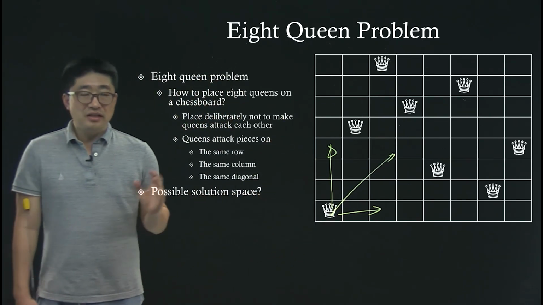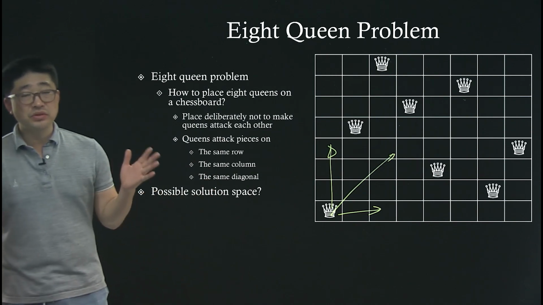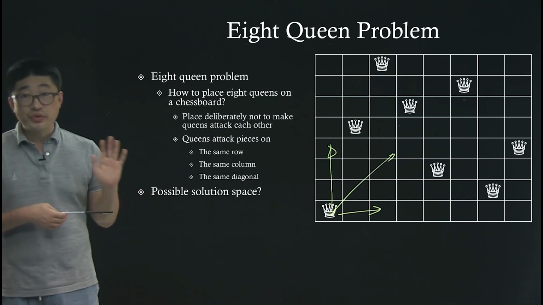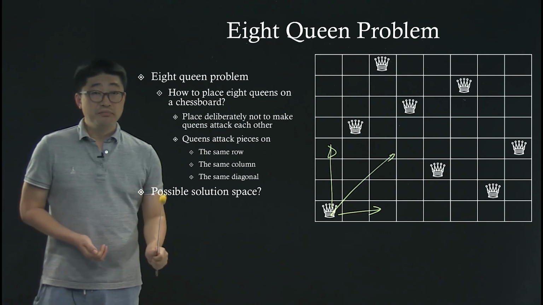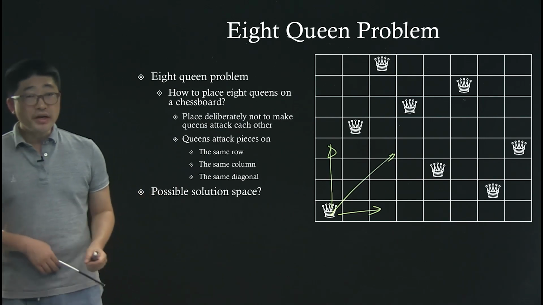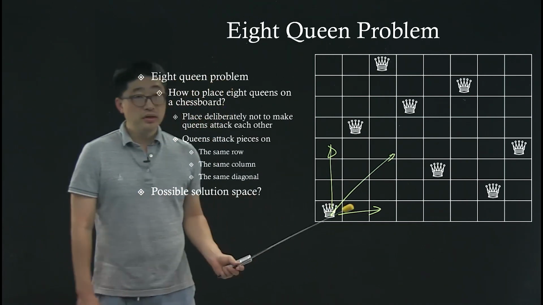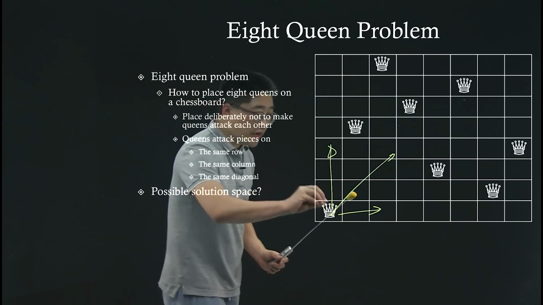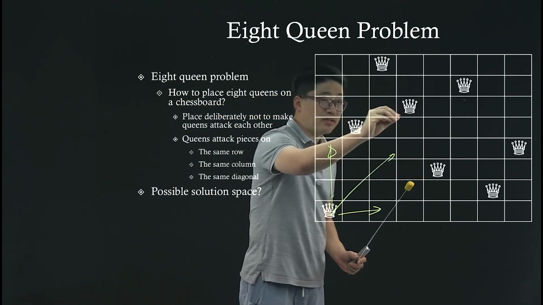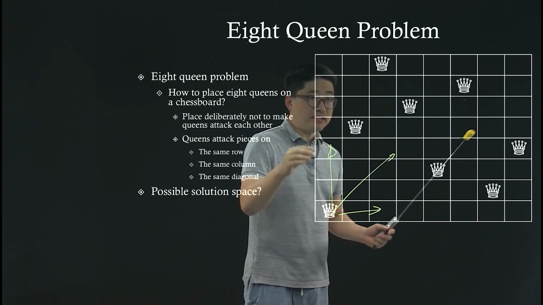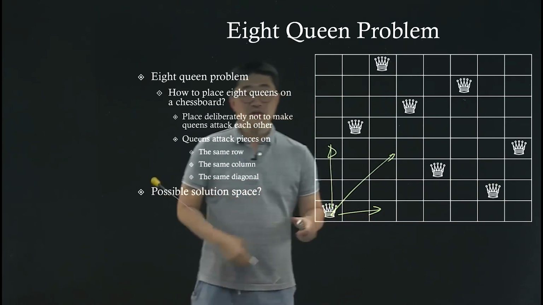Having said that, can you come up with the possible solution space, which could be feasible or infeasible and needs to be checked? 8 by 8 means 64. If we place one queen in a certain place, we suddenly have 63 empty spaces, then 62, 61, and so forth.